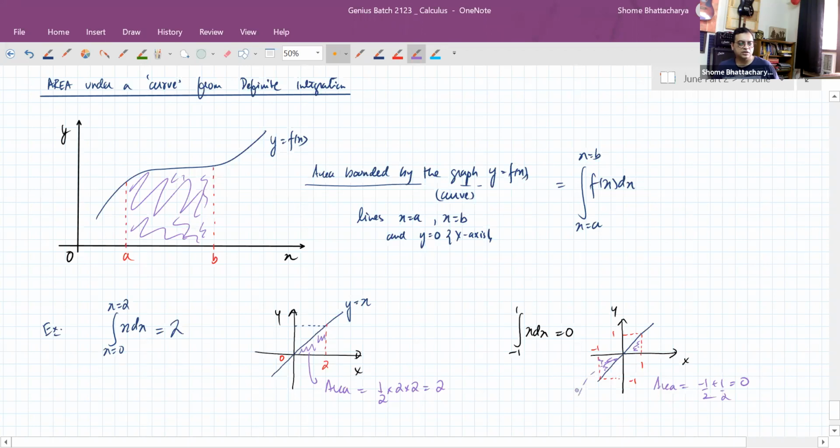Because this area will be considered as a negative area, and this will be considered as a positive area. So we'll discuss in more detail about this in the next lecture, how exactly this happens, that it gives us the area under the curve. But I've just shown you with these two examples.